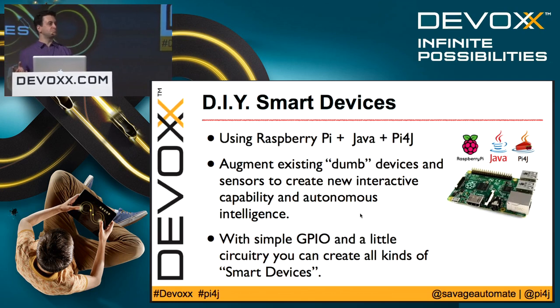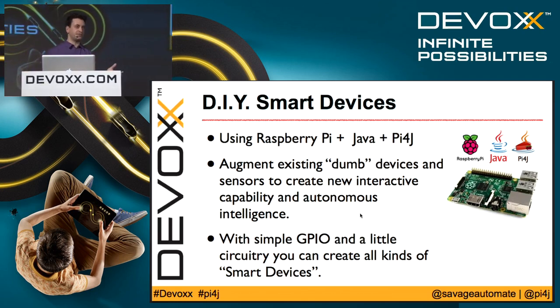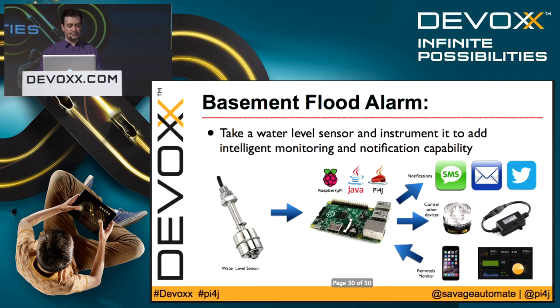Or we can also find potentially dumb devices that are already out there that perform nice encapsulated functionality, but we want to augment their functionality and make them connected. So I think there are two kinds of plays that we can take to create smart devices in a do-it-yourself way.